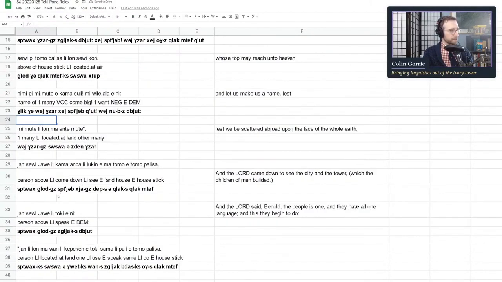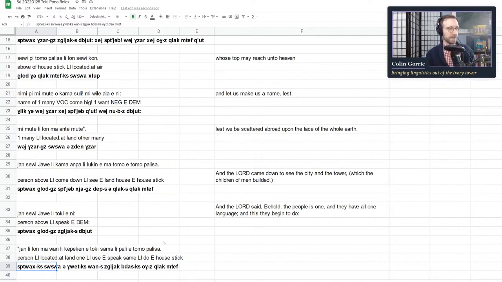Are there any other opportunities to do this? Here's another one. Orz. This or is the verb, I believe, to do, to make, to build, and it has this a particle after it in Toki Pona, which seems to be kind of like an accusative marker.